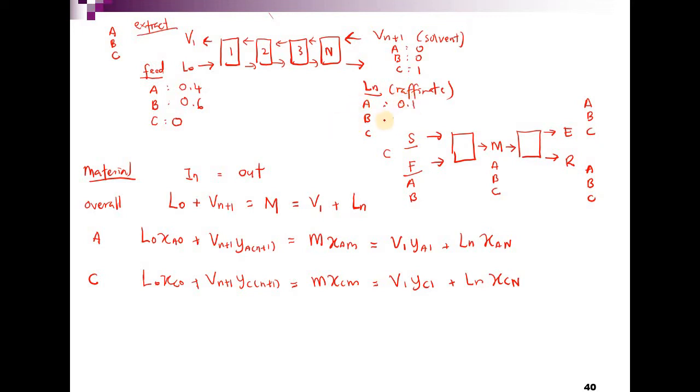So what if my target is for A at the raffinate to be 0.1 mole percent? What are the stages required by the system? So that is the main question, the main objective in this multi-stage.